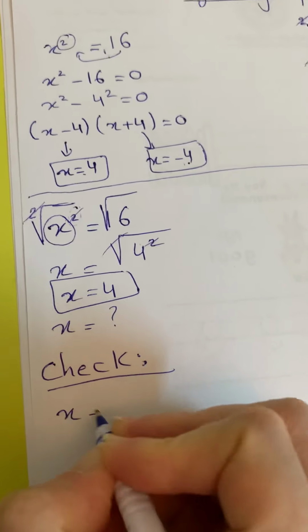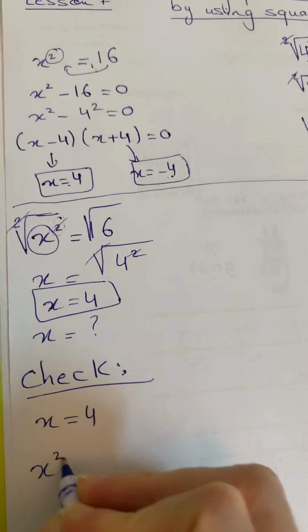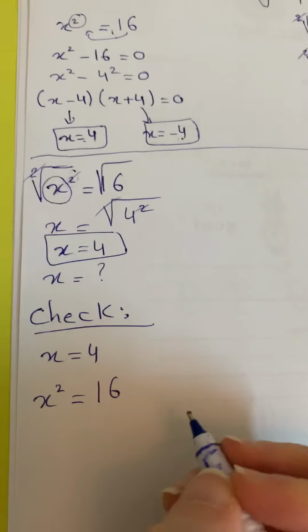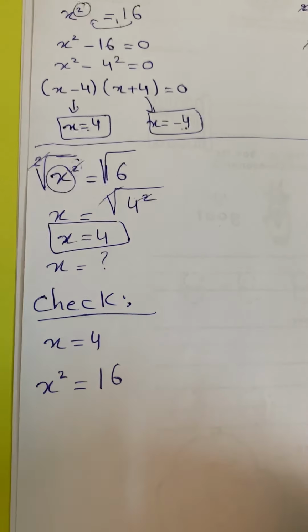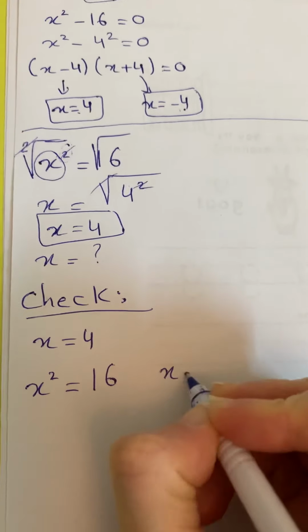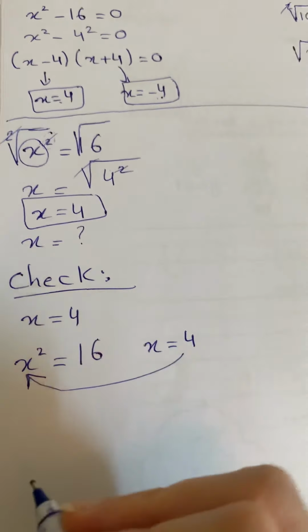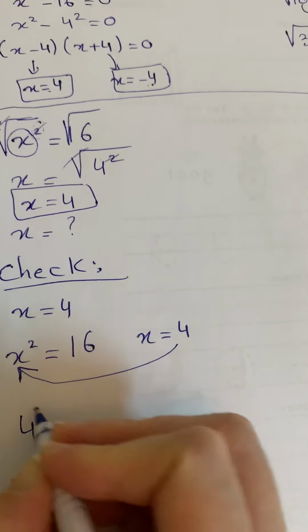I have x equal 4. So I will go to the original equation. It's x power 2 equals 16, right? And I need to know if it's correct for x equal 4. So instead of x, you substitute 4.